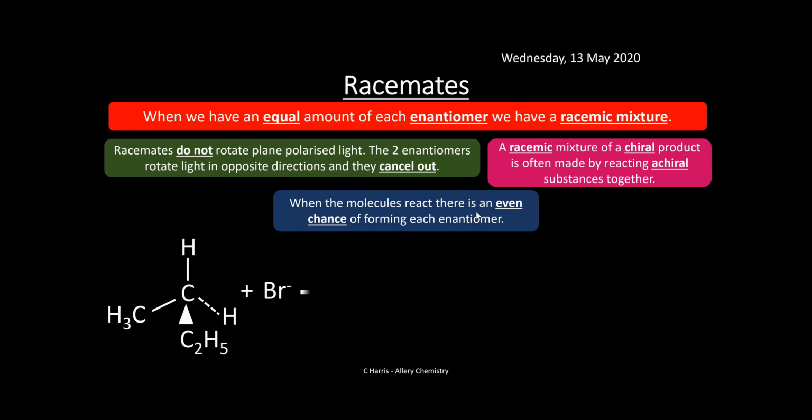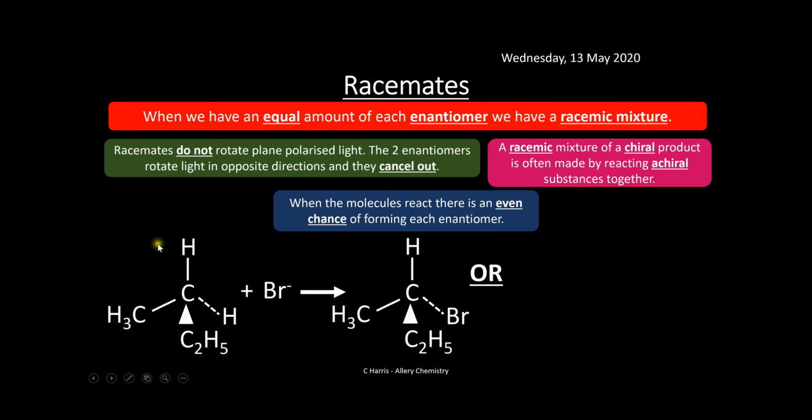Okay, so let's have a look. You can see here we've got our achiral substance, because we've got carbon with two of the groups the same. Reacting that with bromine, for example, and then we form a substance which is now chiral because we have 4 different groups around that carbon.